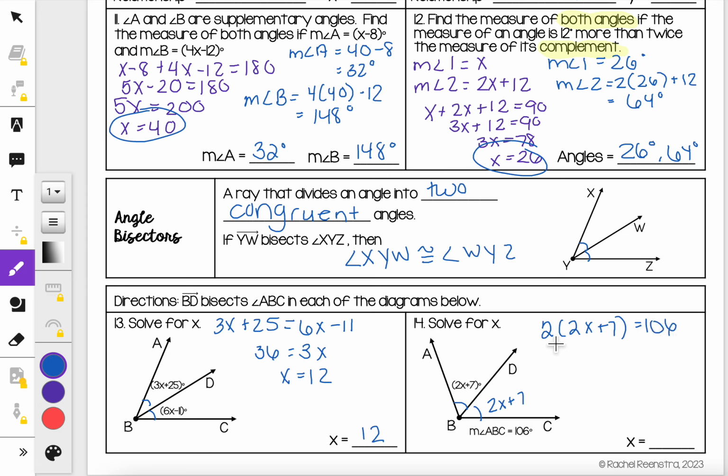We can divide both sides by 2 to get 2x plus 7 equals 53. And when we solve for x, x is going to equal 23.